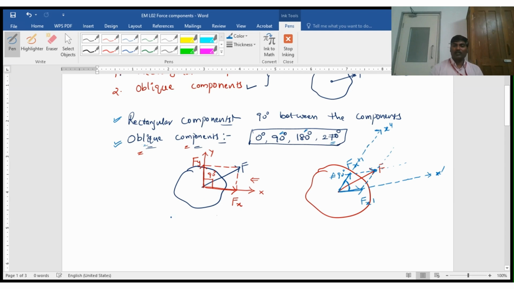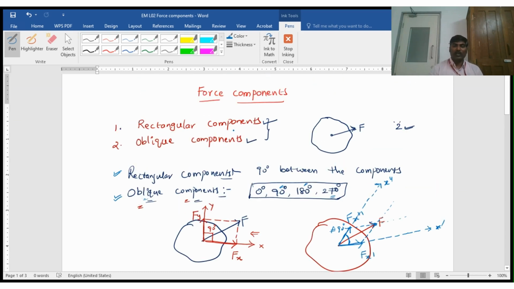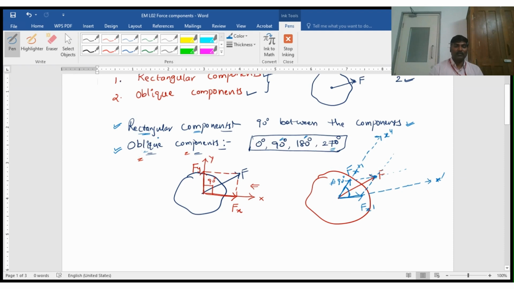In solving problems of engineering mechanics, we mostly opt for rectangular components because they are easy to deal with. I can easily find the value of the component.